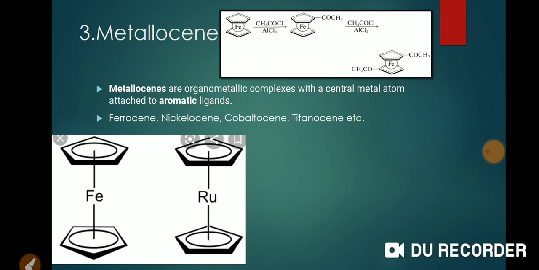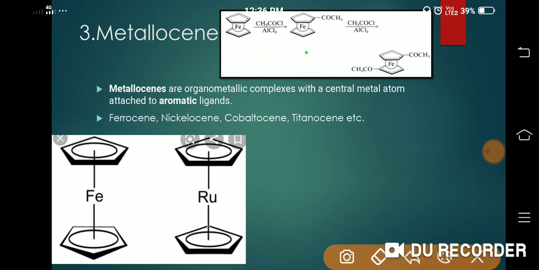by considering the Friedel-Crafts acylation reaction. We have already discussed that Friedel-Crafts acylation of ferrocene gives, in the first step, one acylated ferrocene, and the second acylation gives a 1,1' diacylated ferrocene.